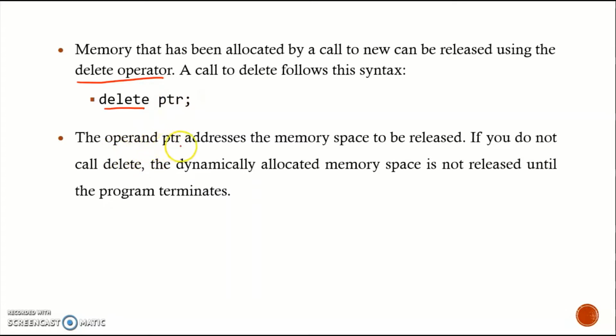The operand ptr addresses the memory space to be released. If you do not call delete, the dynamically allocated memory space is not released until the program terminates. So it's very important to release the memory.